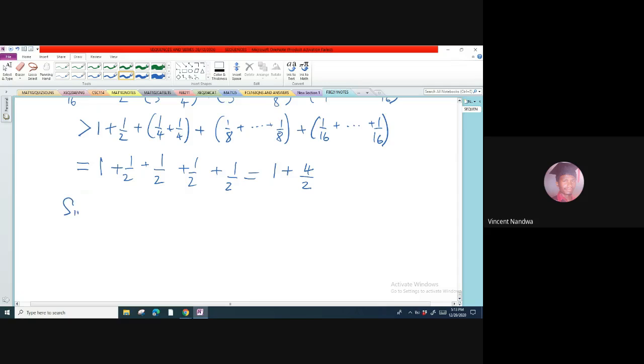Similarly, S32 is greater than 1 plus 5 over 2.